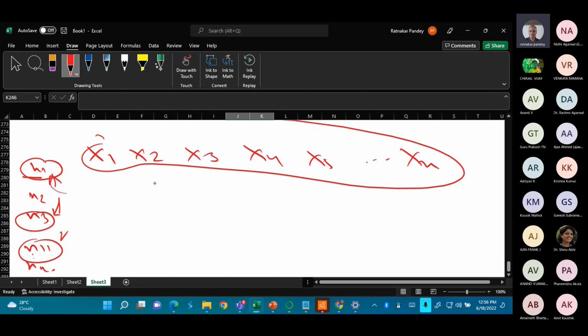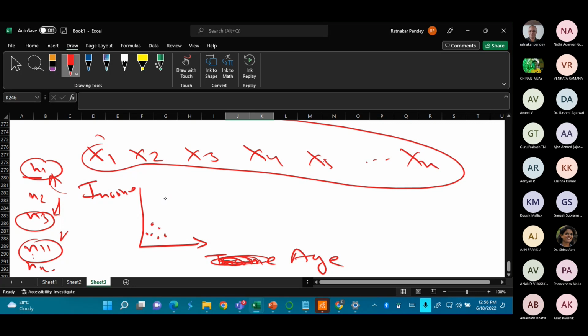When I say similar, I'm just going to make up a very, very small baby example. Let's say age and income. I'm just going to make some data over here. So basically, it will be age for this cluster, let's say cluster one, cluster two, and cluster three.